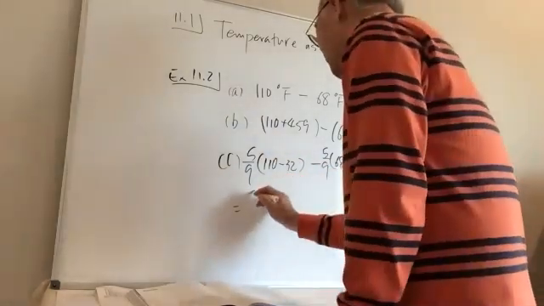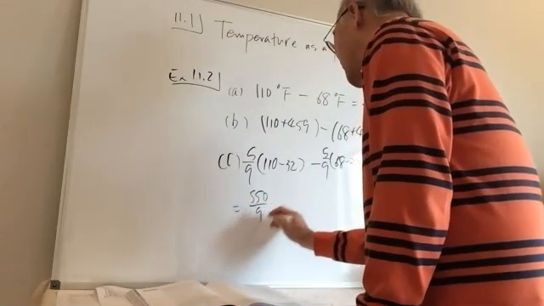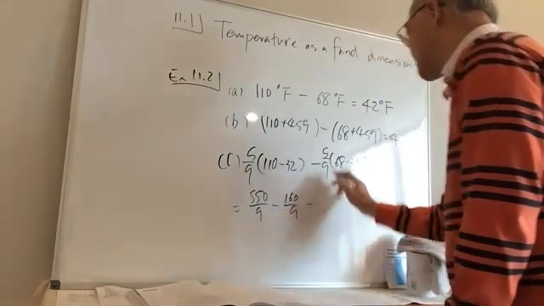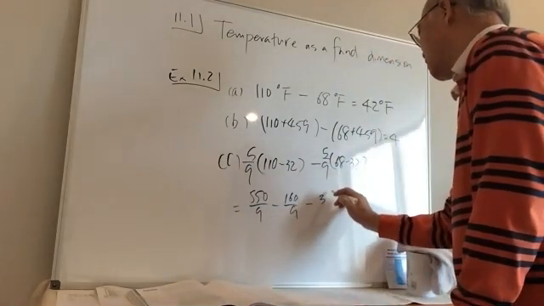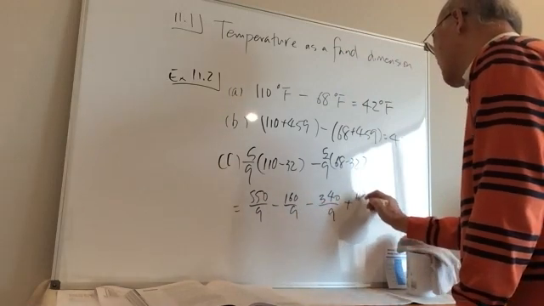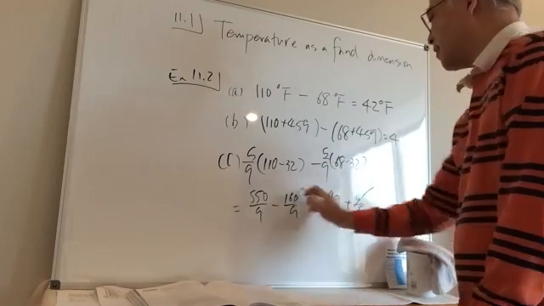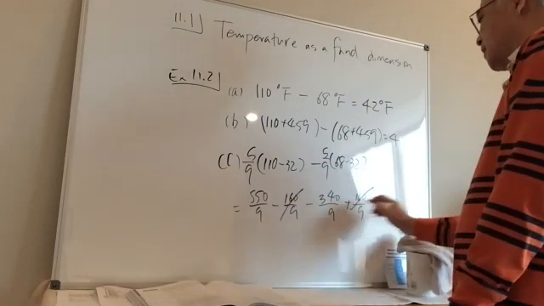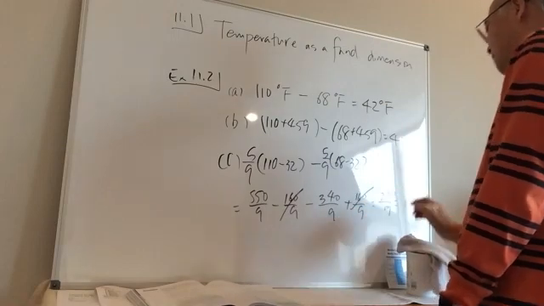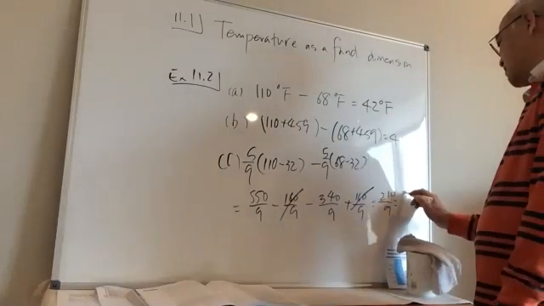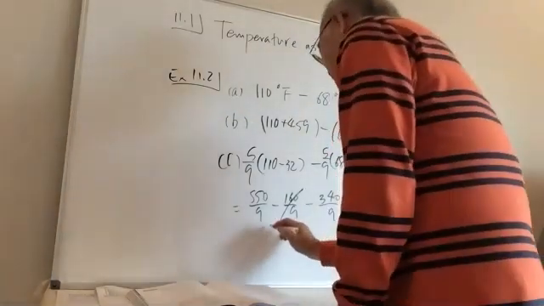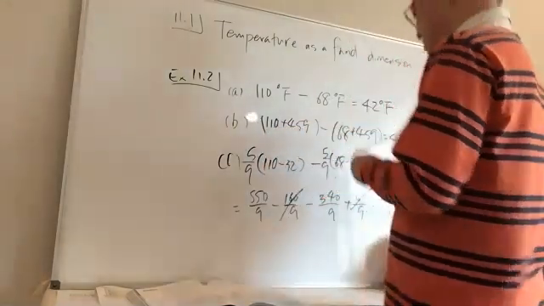I'm just going to go ahead and do it. 559 minus 169 minus 349 plus. So this is what I mean. These two cancel out. So you're going to end up with 210/9, which is 70/3, 23.3. So it's going to be 23.3.